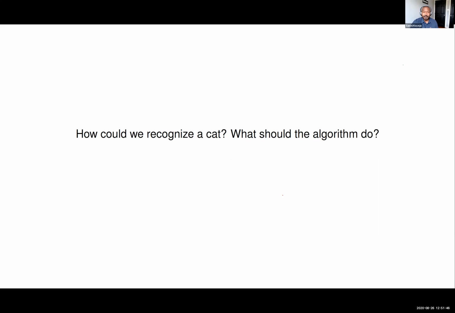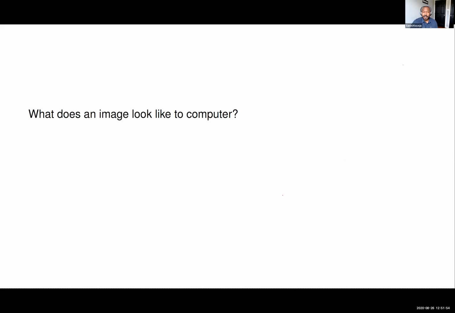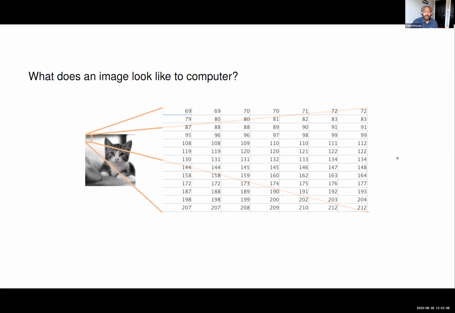How do we create a simple system to maybe recognize a cat in an image? So first, we need to know what an image looks like to a computer. Of course, all of you know that we see images as pictures. However, for a computer, an image doesn't show up as a picture.